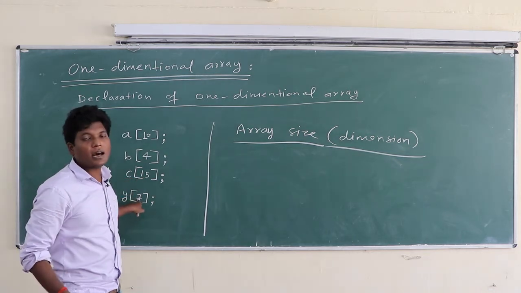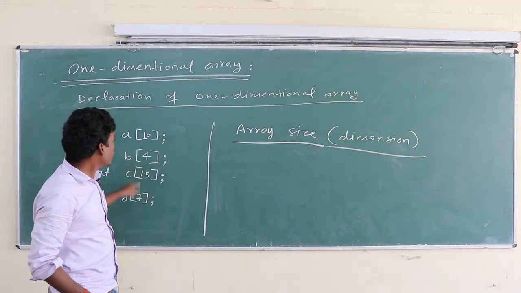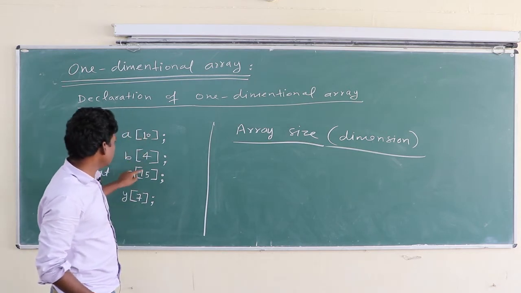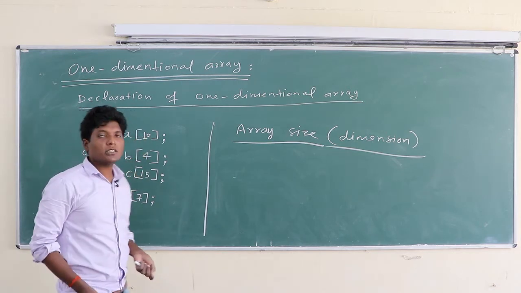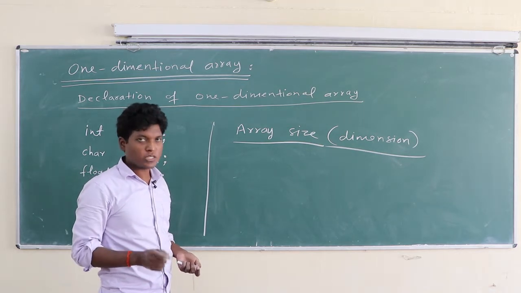This is the array size or array dimension. So these array sizes must be positive integer constants.